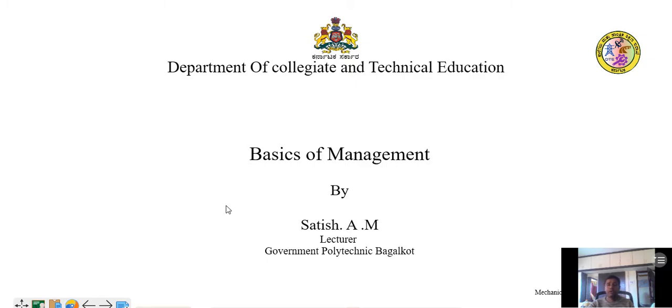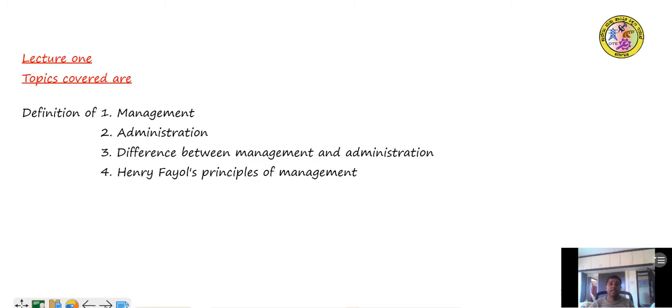This is unit 1 of your syllabus, and in today's lecture we are going to cover the definition of management and what we mean by management, the difference between manager and management, the definition of administration, the functions of administration, the difference between management and administration, and Henry Fayol's principles of management.